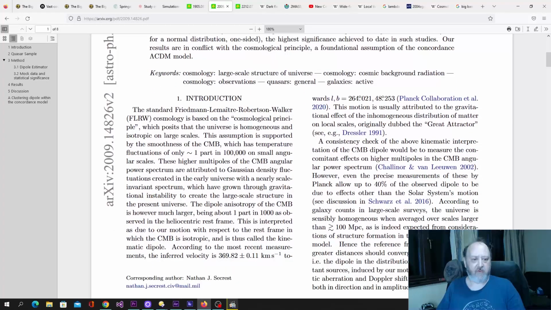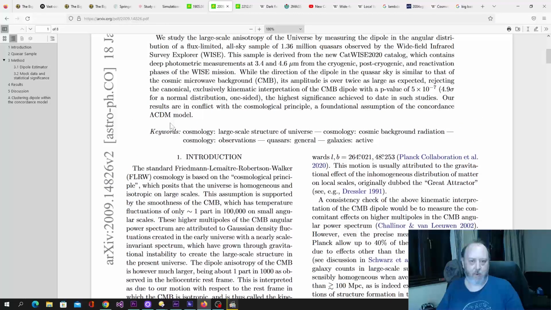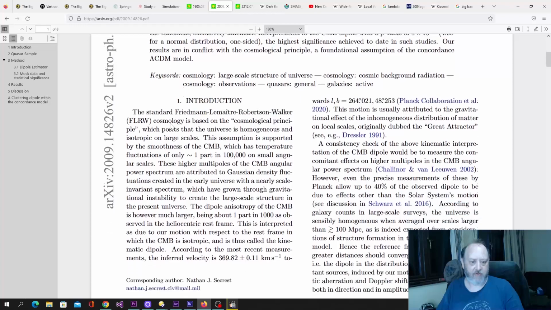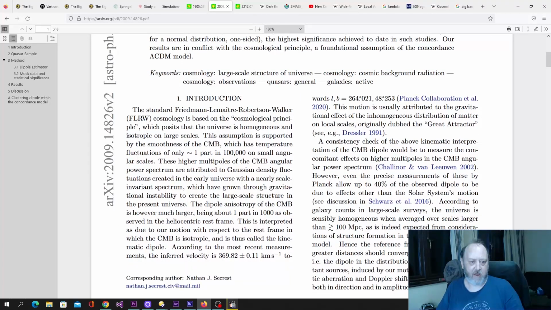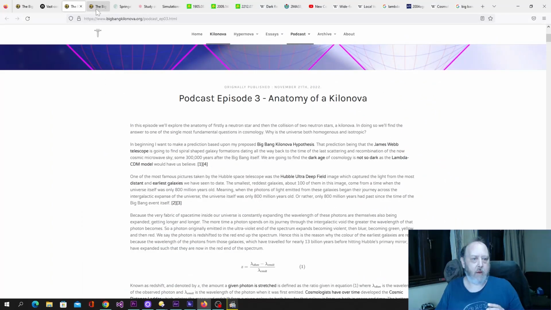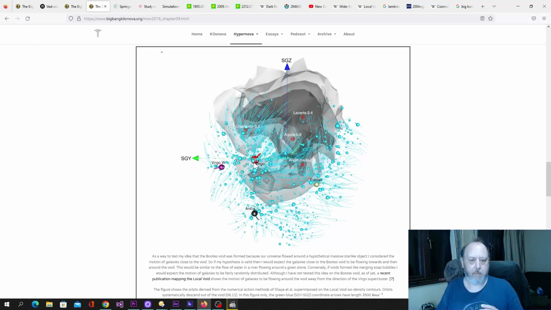One of the questions I really want to try and understand in this paper is, what is it exactly that they're measuring from the sample of 1.36 million quasars? What is it that they're measuring? I'd say the explanation is, if I go back to here, this is unusual.